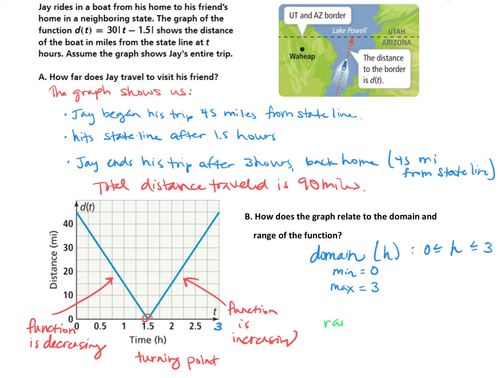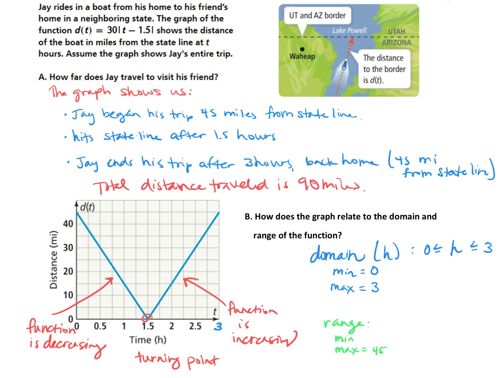All right, now our range is the output. It's the distance away from the state line. So the furthest away from the state line that we are is 45 miles. So our maximum range is 45 miles from the state line. Our minimum is when we're at the state line where we are 0 miles because we're on the state line.